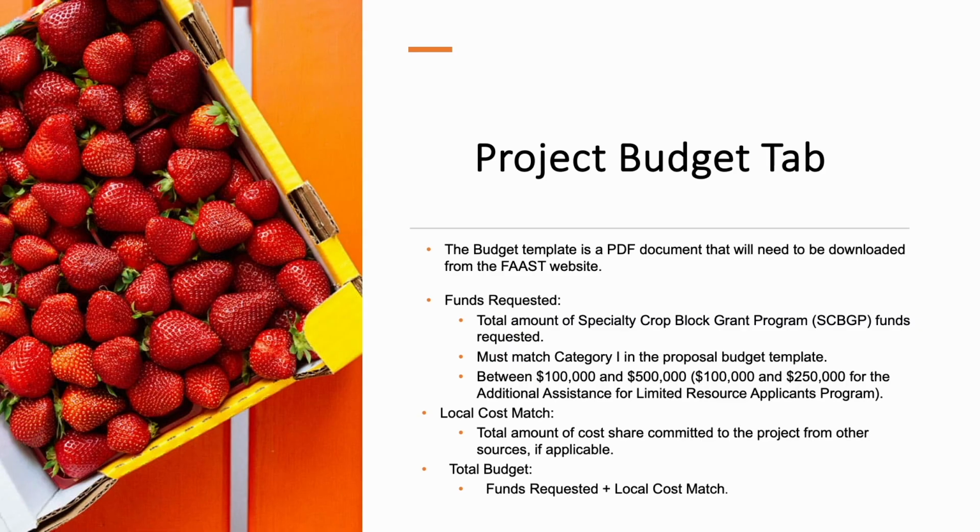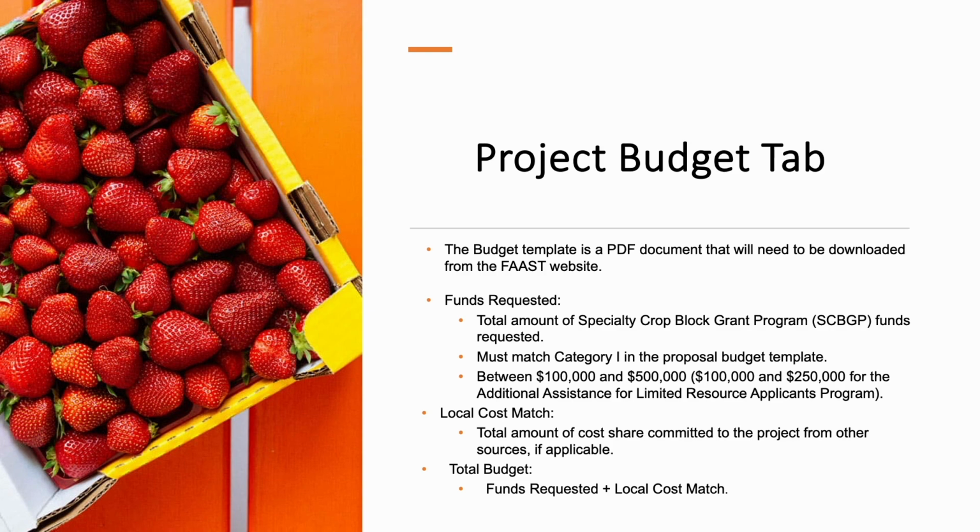The next is the Project Budget tab. This tab provides a summary of the project budget. The budget template is a document that will need to be downloaded from FAST. For the funds requested, enter the total amount of Specialty Crop Block Grant Program, or SCBGP, funds you are seeking for your project.